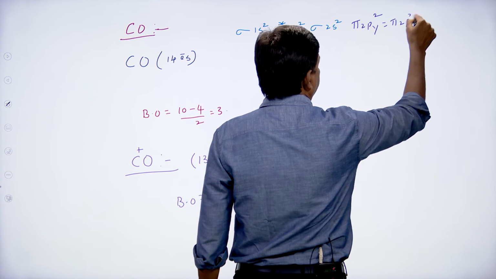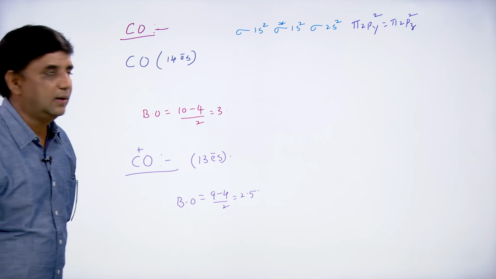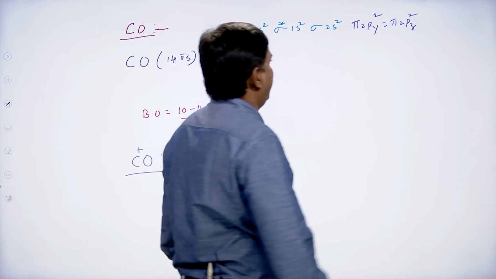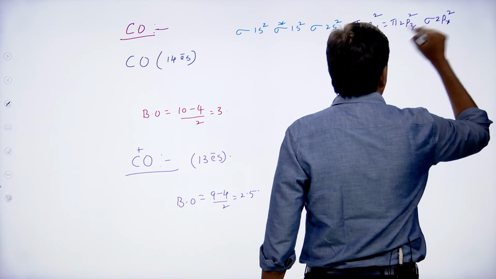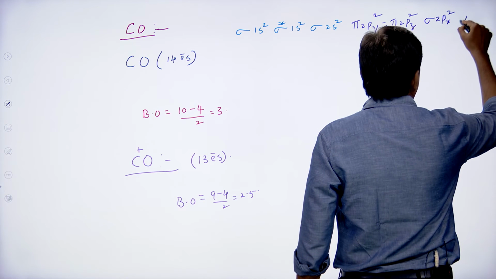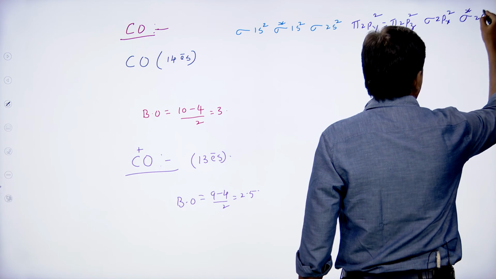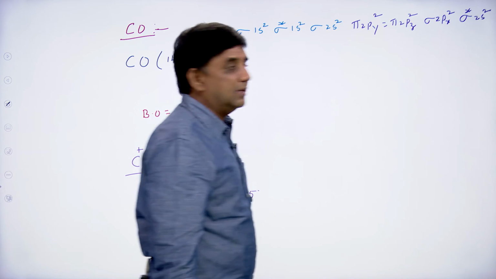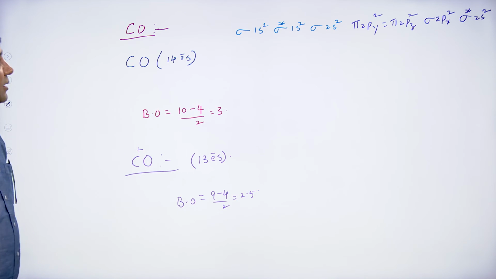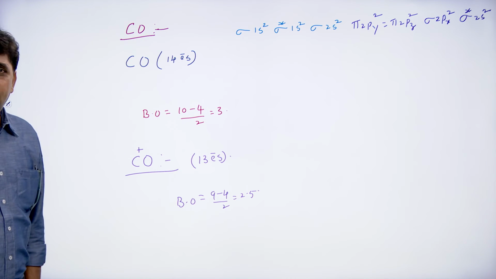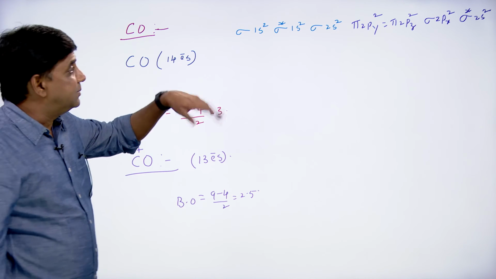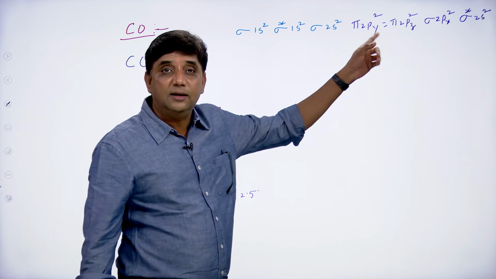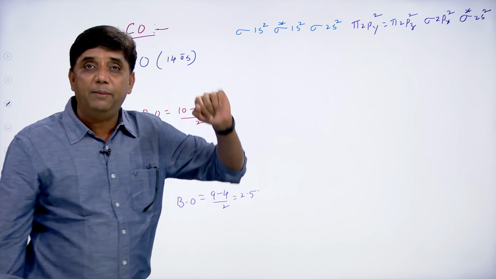This is 2 electrons, this is 2 electrons, 10, sigma 2px2 and this is sigma star 2s2. That must be the bond order. I mean, the molecular orbital energy electron configuration for CO must be like this. Sigma star 2s is much greater than that of the sigma 2px and pi 2py, pi 2pz.